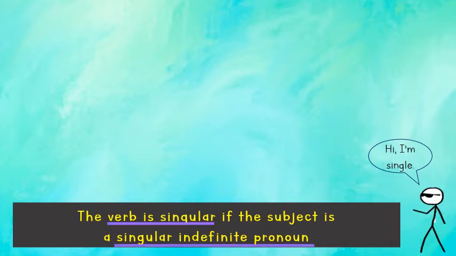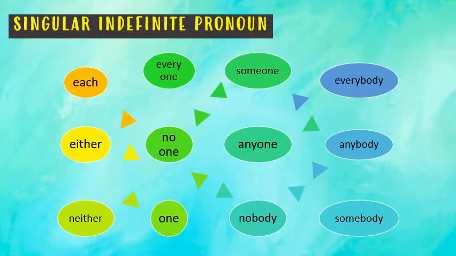Okay, so let's look at the example of singular indefinite pronoun. So each, either, neither, one, no one, everyone, someone, anyone, nobody, everybody, anybody, somebody.